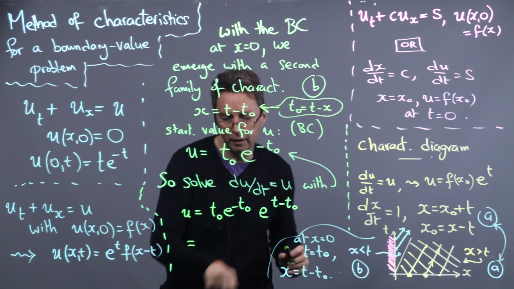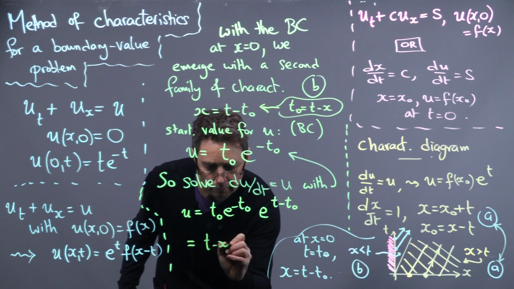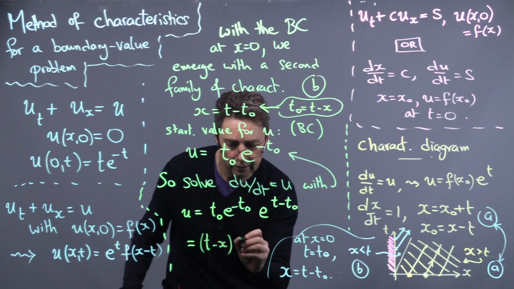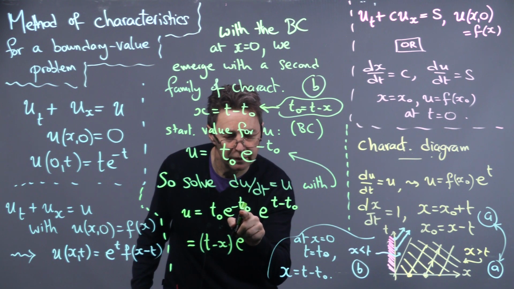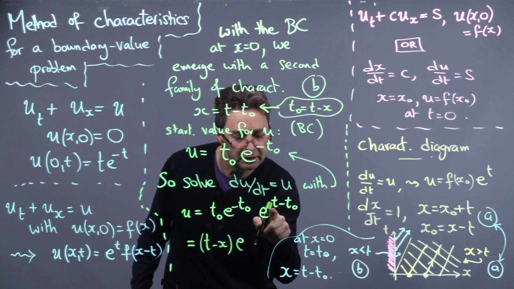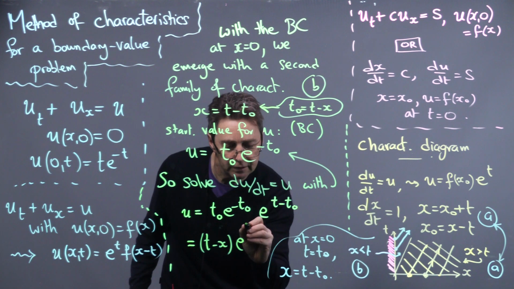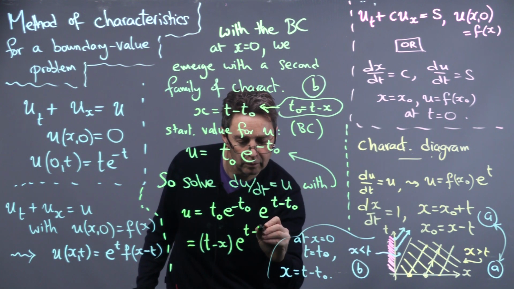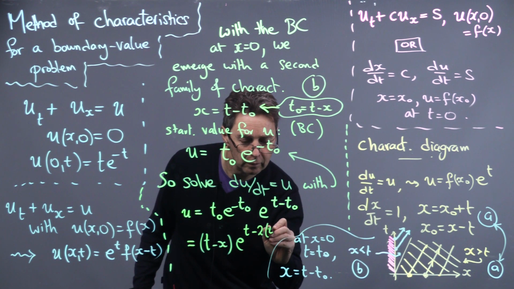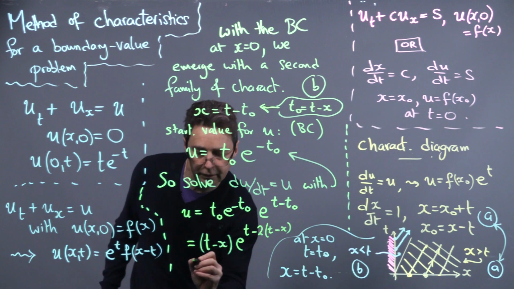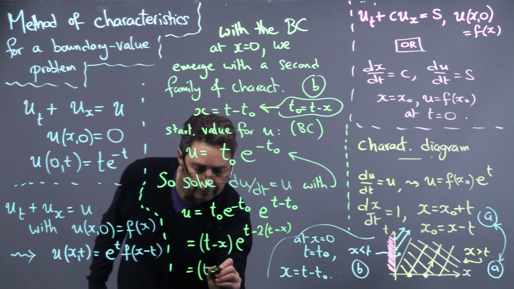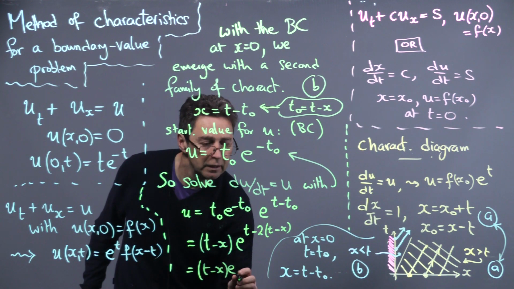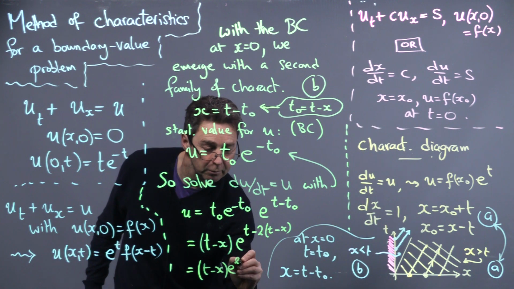If I pop that in here, t minus x, e to the minus t0, there's another t0 there, and there's a t. So I have a t minus 2 of those, which is t minus x e to the 2x minus t.